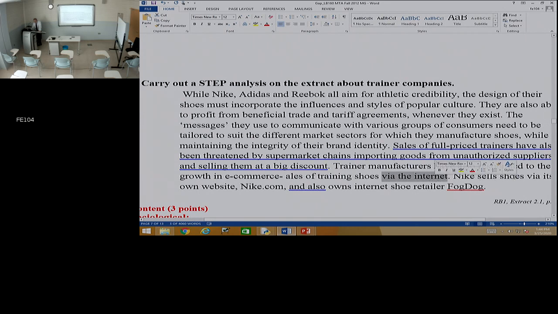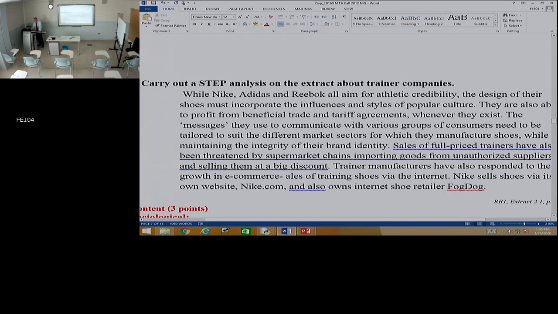And Nike sells shoes on its website, nike.com. So these are examples of technological. Some students may say the message, but look at the message: it's not a mobile message. It's the message they use to communicate with various groups of customers.